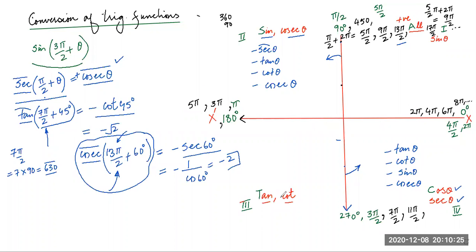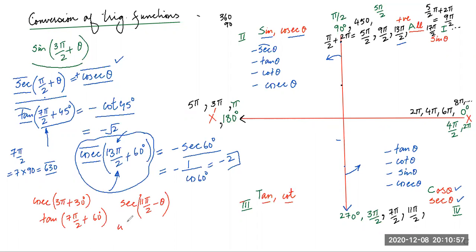I'm giving you a few angles. Please convert them. Anyone who sees the video, write down the answer in the comment section. Cosecant 3 pi plus 30, its value. Tan 7 pi by 2 plus 60, its value. Then secant of 11 pi by 2 minus theta.